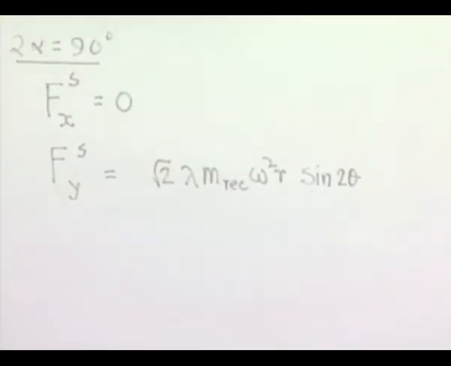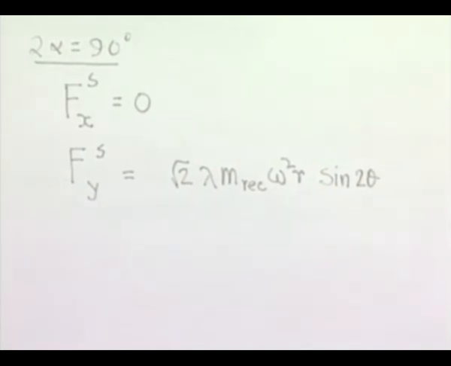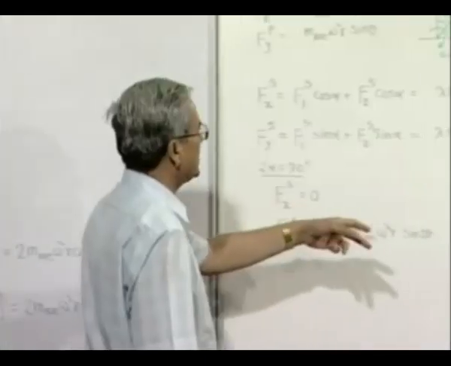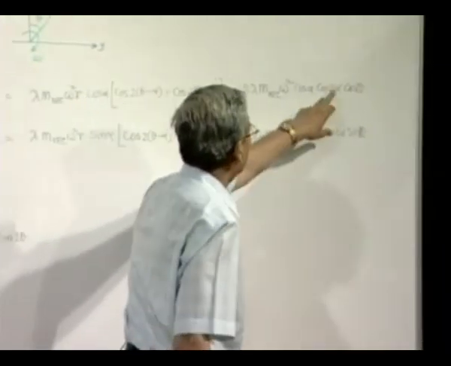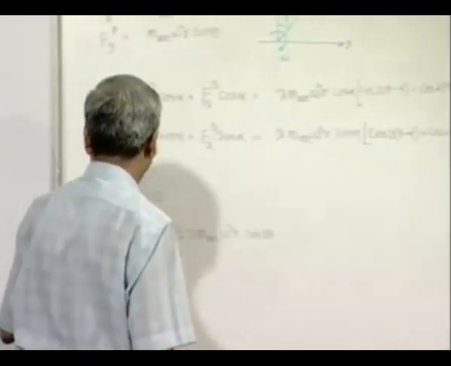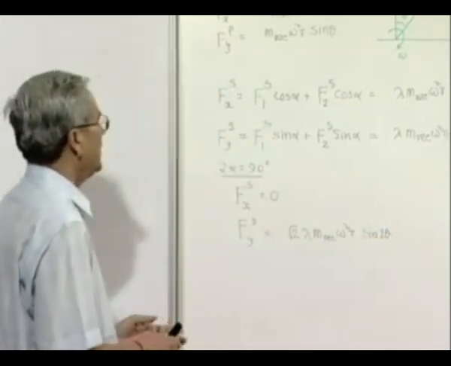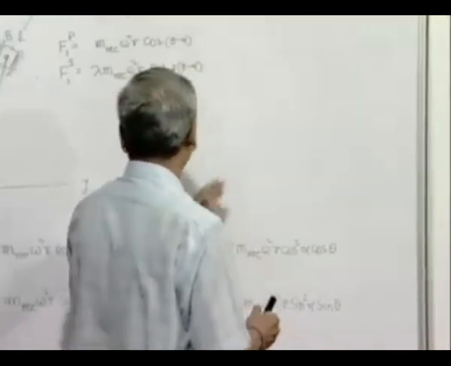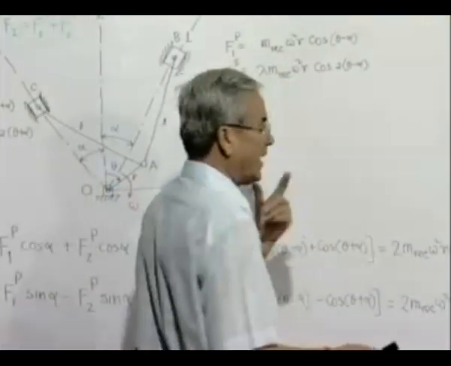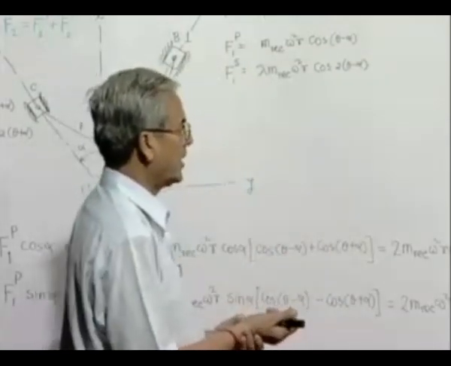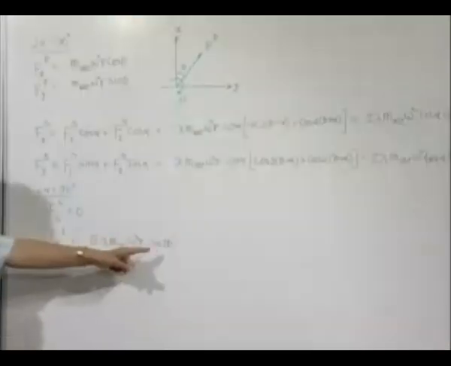So, in case of this particular engine with alpha equal to 45 degrees, F x s is 0 as cosine 90 degree is 0 and the y component exists and it is a harmonic force which is fluctuating at a frequency twice that with which the crank is rotating because it is 2 omega t.